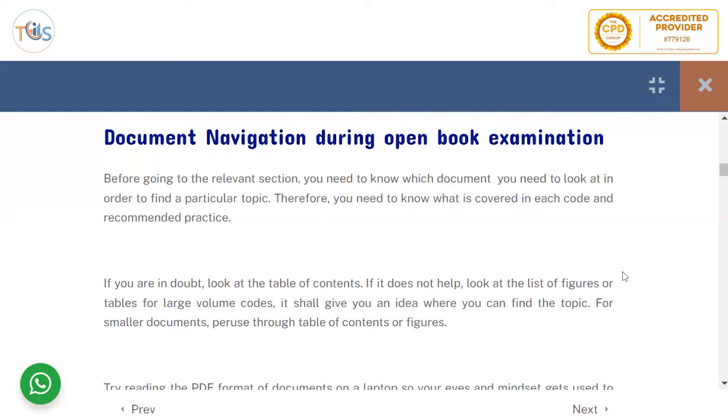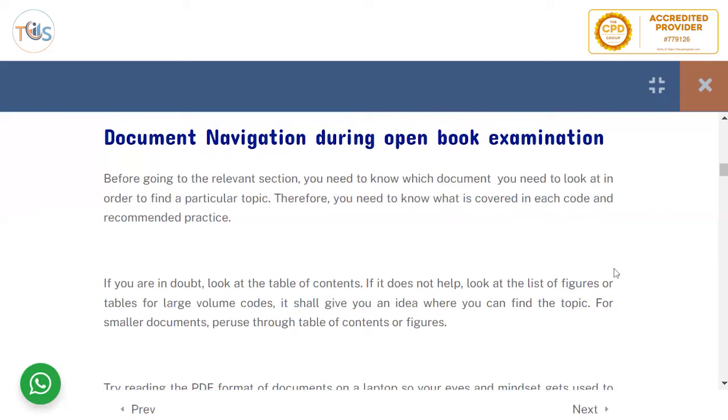Get to understand the structure of the code, how the code is actually sectioned and edited, and then do a lot of practice. That makes your life a lot easier during open book questions.